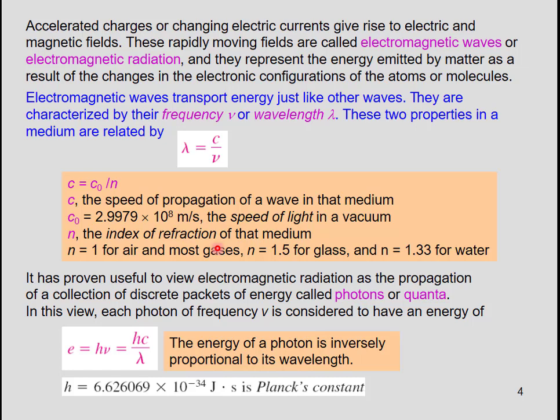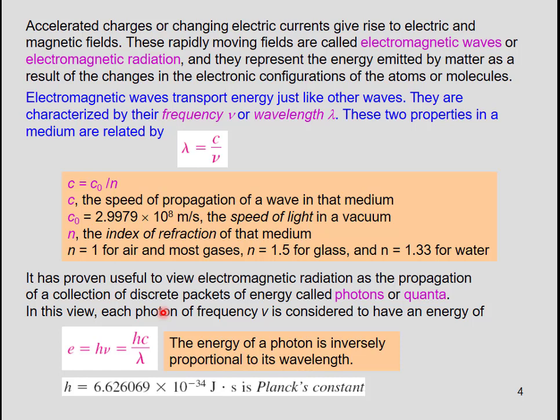So it is interesting to know that the energy transferred by this wave is packed in different packets, which we call photons. And each photon of frequency ν is considered to have an energy of E equal to hν, or equal to hc divided by lambda, which is the energy of the photon, and it is inversely proportional to its wavelength. So the waves with shorter wavelengths, or shorter lambda, will have higher energy.